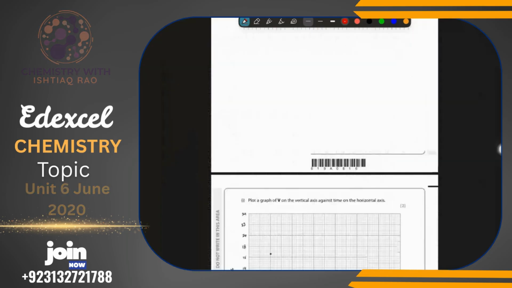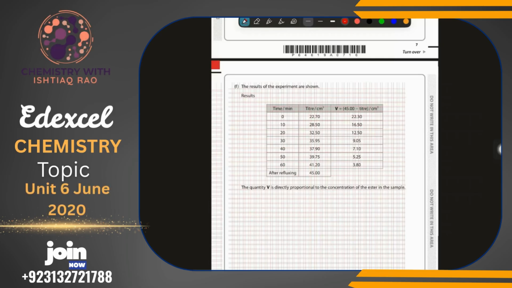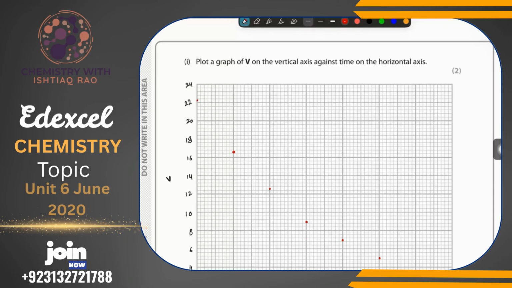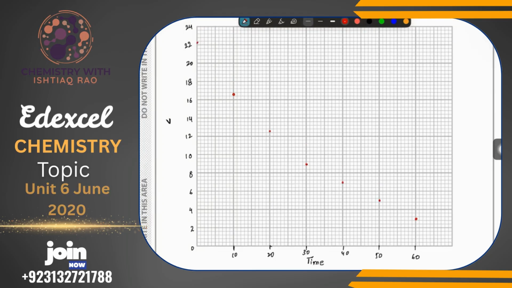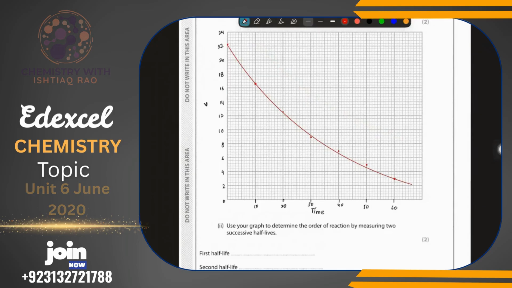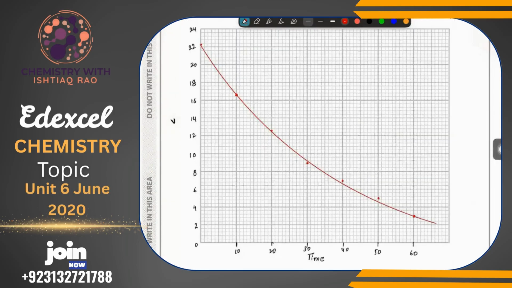One half-life: 0 is 22.3, half of 22.3 is 11.15. So the first half-life should be at 11.15, almost 11.2. It's not the half-life itself, it's half of the constant.